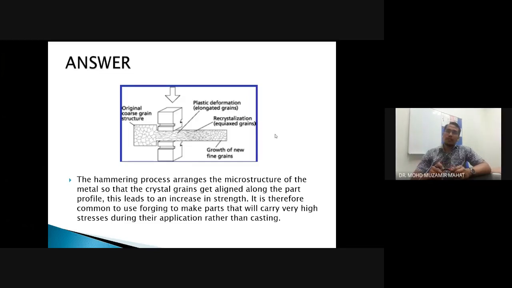If you see the figure, the hammering process arranges the microstructure of the metal so that the crystal grains get aligned along the part profile. This leads to an increase in its strength.